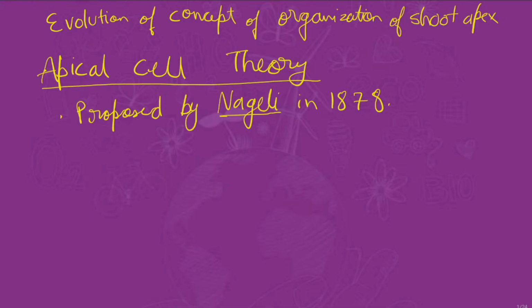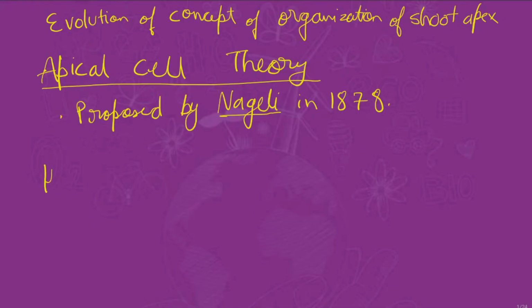It suggests the presence of a single tetrahedral apical cell in the shoot apex in most of the vascular cryptogams. According to this theory, a single apical cell is the structural and functional unit of the apical meristem. This cell regulates the whole process of growth. This theory holds true for many algae, the majority of bryophytes and pteridophytes.